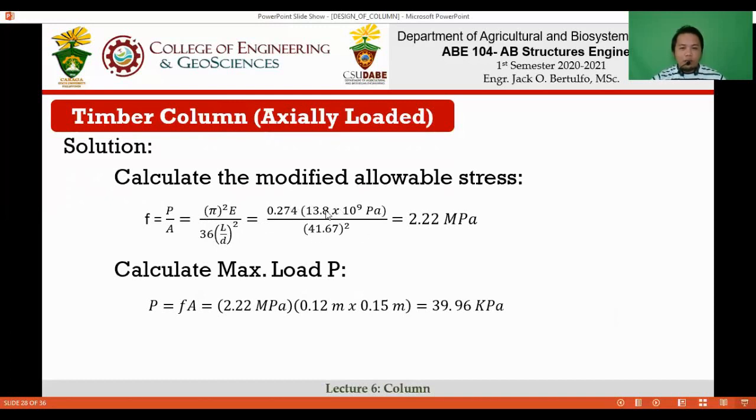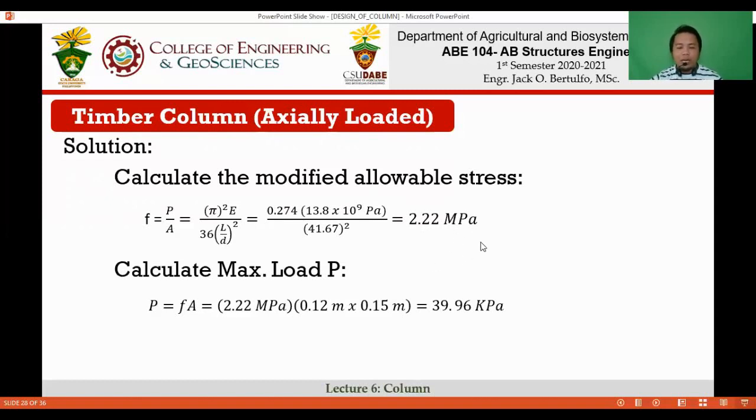By simple substitution, we have the value of E and the value of the slenderness ratio. Then we can calculate that F, or the modified allowable stress, is equal to 2.22 MPa.